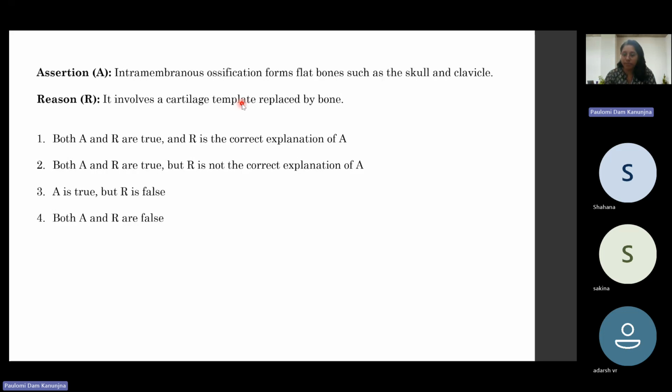And the last question, which is also simple, decide this based on what we discussed. Intramembranous ossification forms flat bones such as the skull and clavicle, and it involves a cartilage template replaced by bone. The key term is there. Does that key term match with the process?